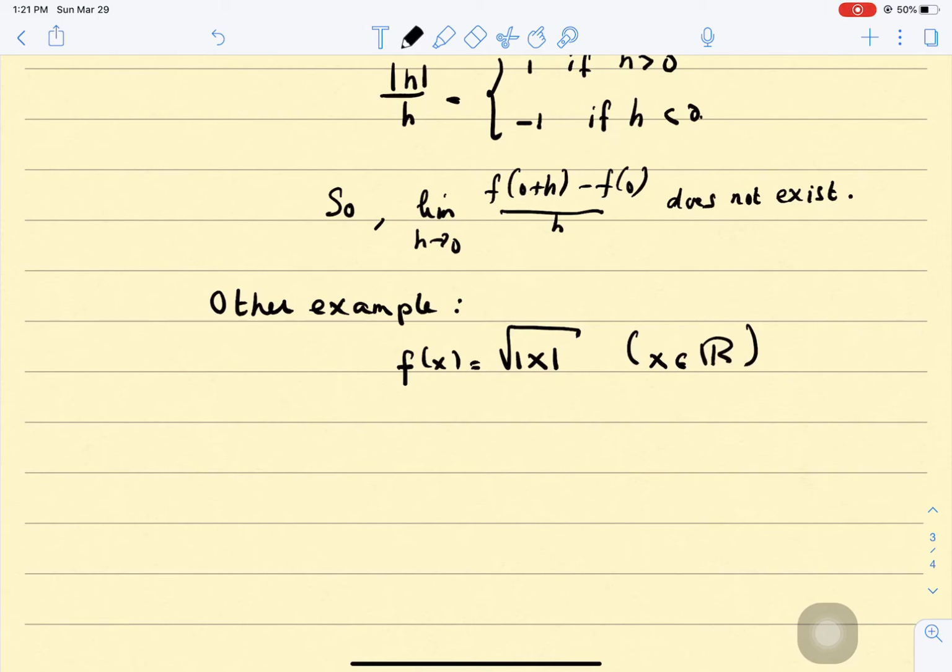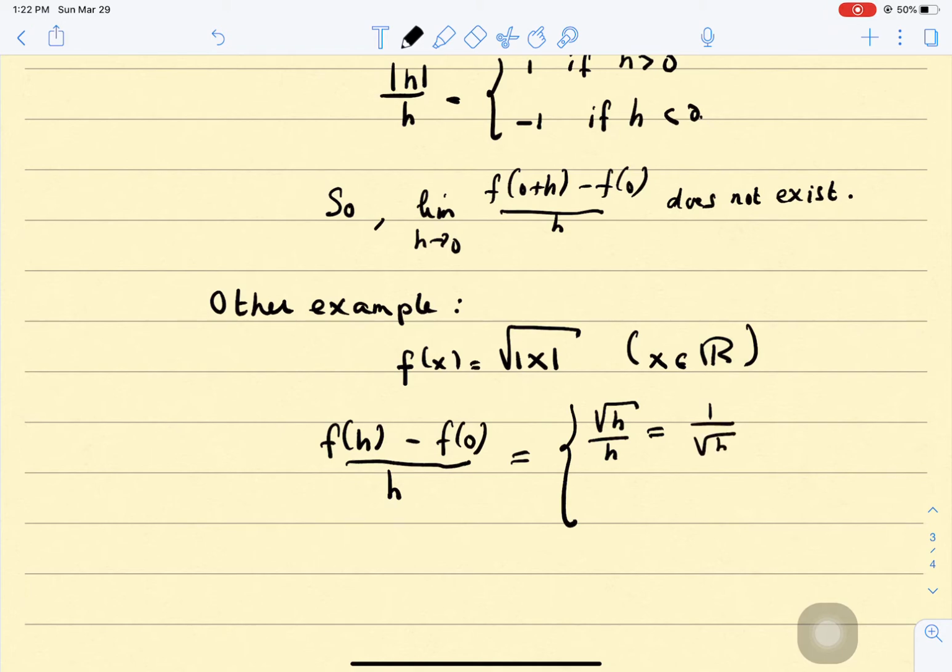then I can observe that f at h minus f at 0 divided by h is the same as, well, when h is positive, that's just equal to the square root of h divided by h, which is equal to 1 over the square root of h. That's if h is positive.